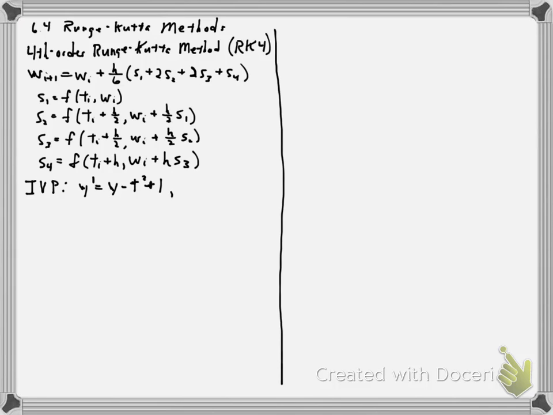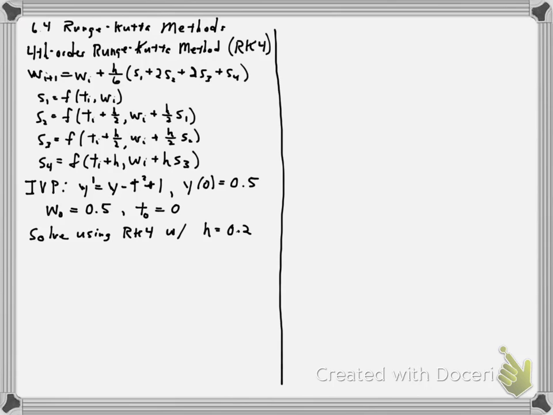And the initial condition is y of 0 equals 0.5. So we know that w sub 0 equals 0.5. Of course, t sub 0 equals 0. And so we're going to solve using Runge-Kutta fourth order, I'll just abbreviate RK4, with h equal to 0.2. We're just going to do one step.